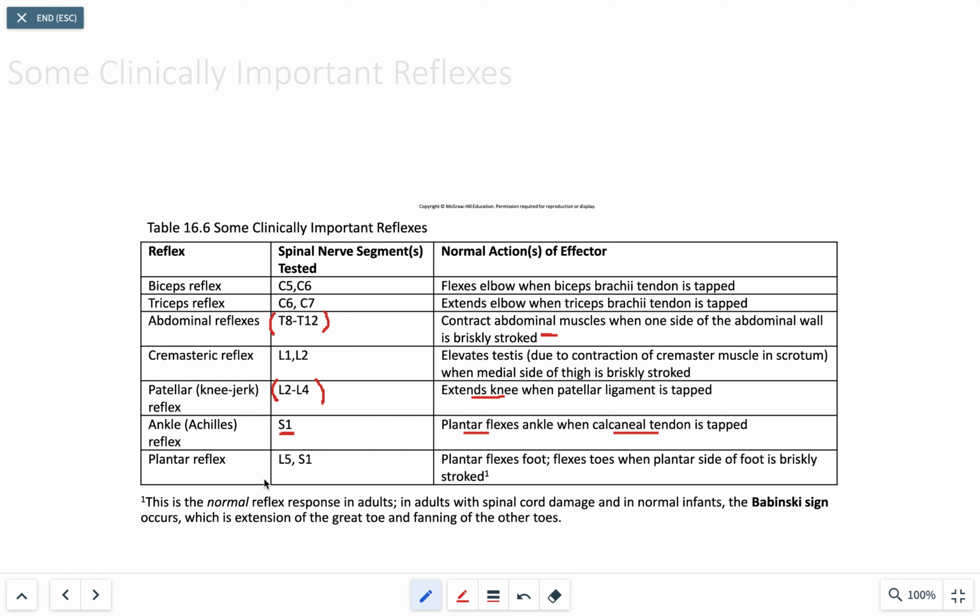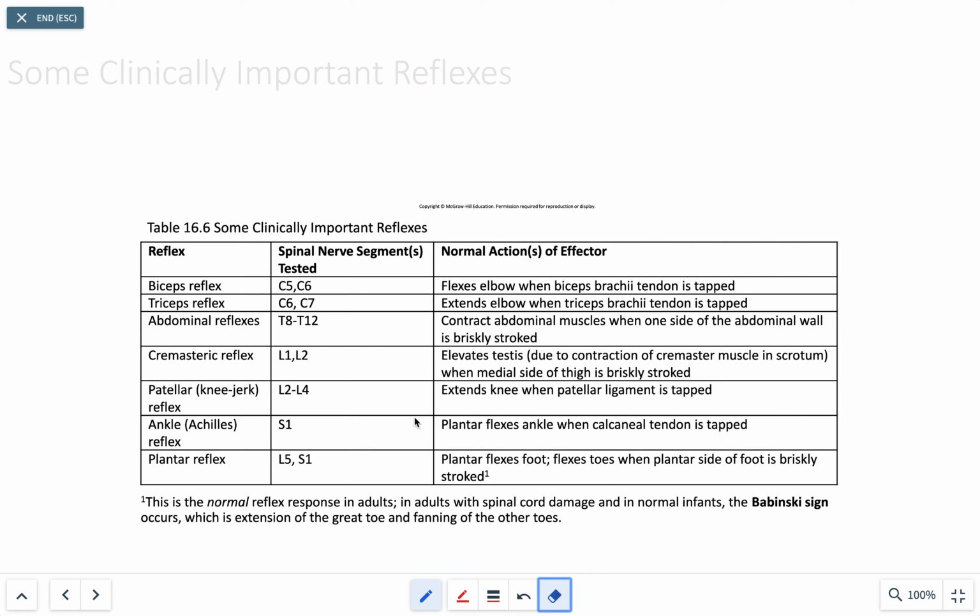And then we see the plantar reflex, which is L5 and S1. The plantar foot flexes the toes when the plantar side of the foot is briskly stroked. So when we touch or stroke the plantar side of the foot, we should see the toes actually flexing.